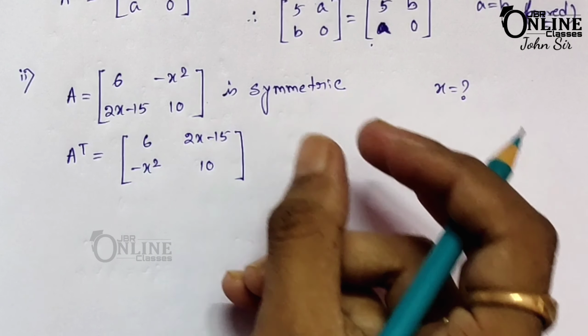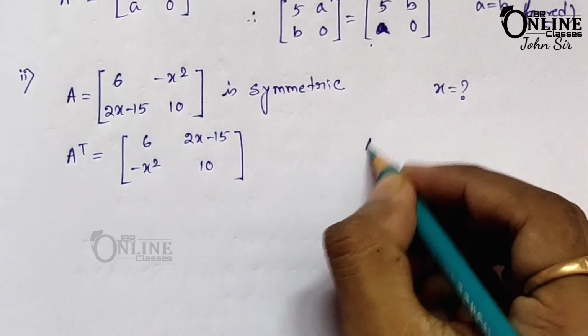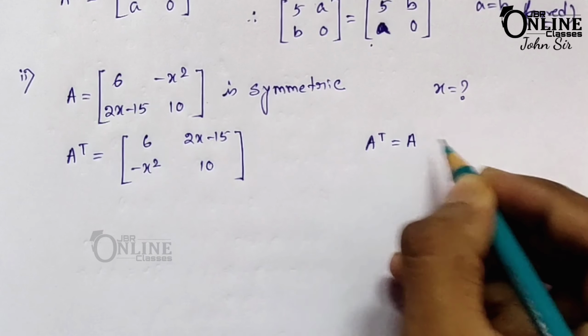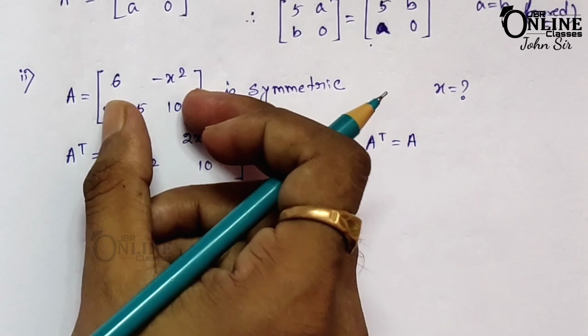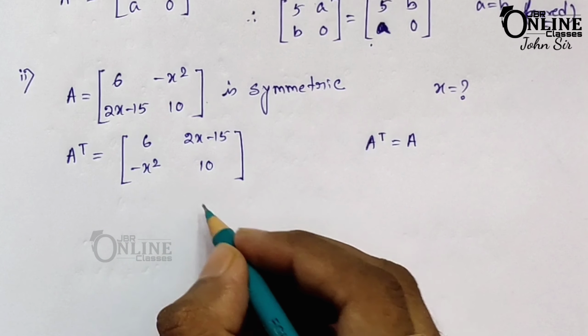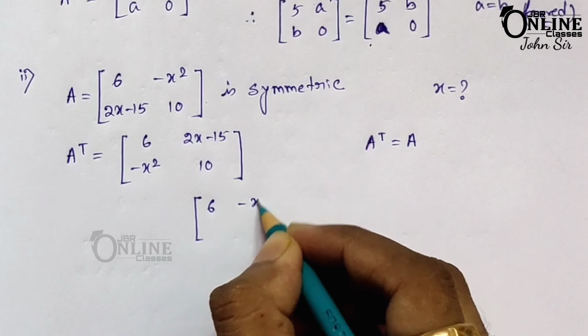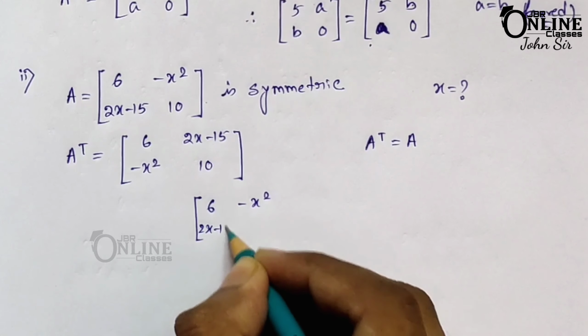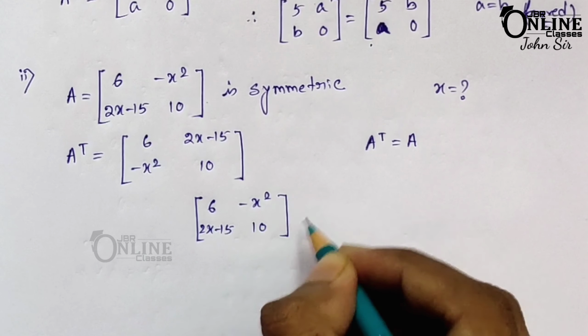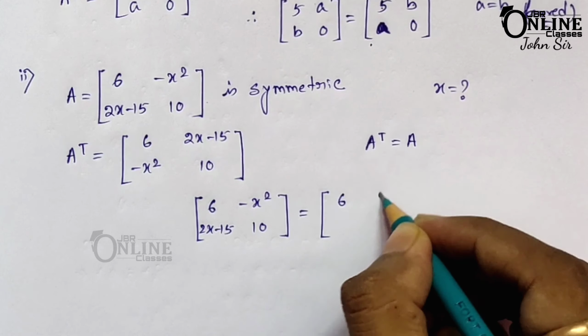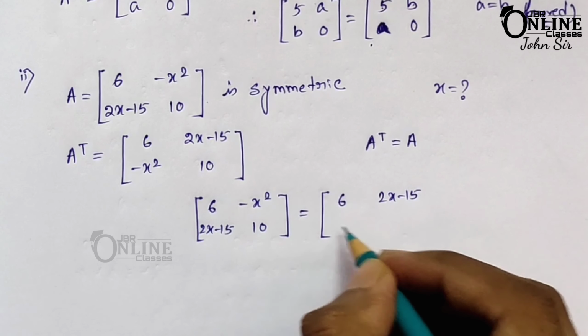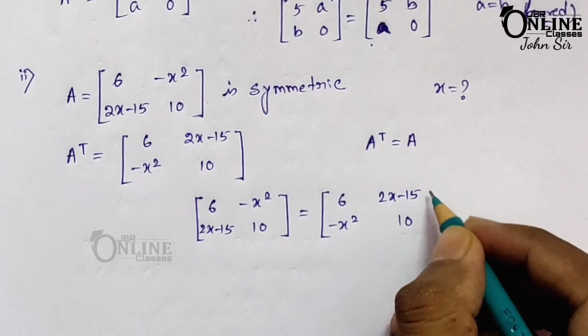Now according to the property of a symmetric matrix, you know that A transpose equals A. That means that matrix is equal to this one, so you can write here 6, minus x square, 2x minus 15, 10, equals 6, 2x minus 15, minus x square and 10.